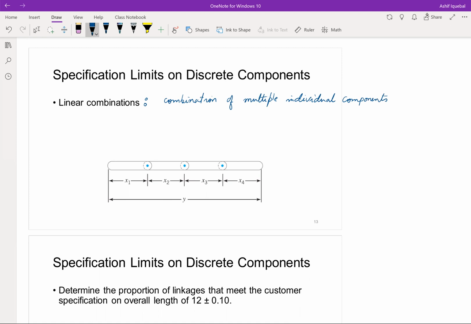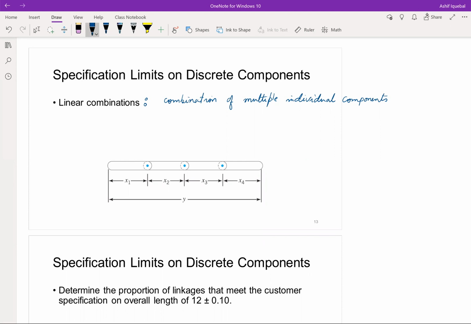In some cases, these combinations are linear. In some scenarios, these combinations can be non-linear. And we'll talk about both of these scenarios. The first scenario is very straightforward and intuitive, right? If you take different individual pipes and just connect them together, that will give you a linear combination.